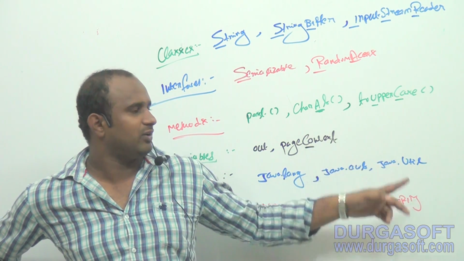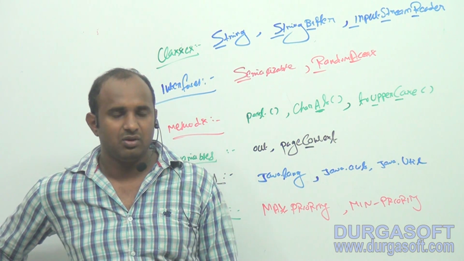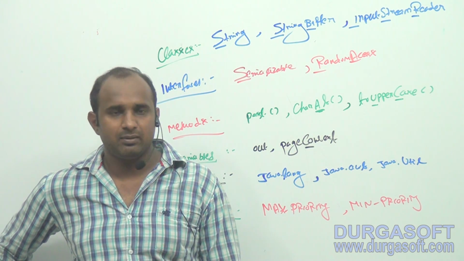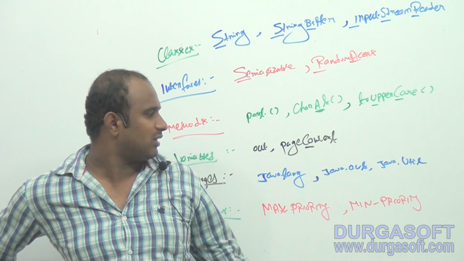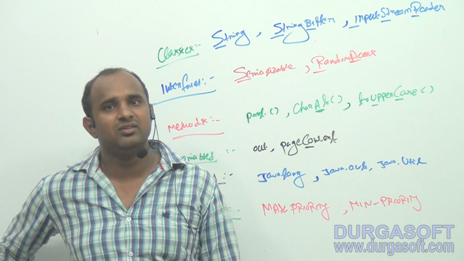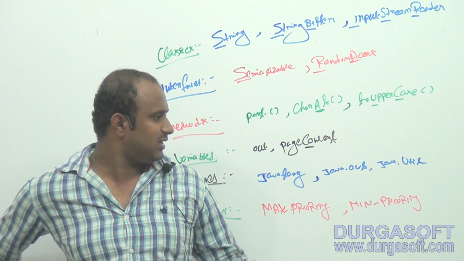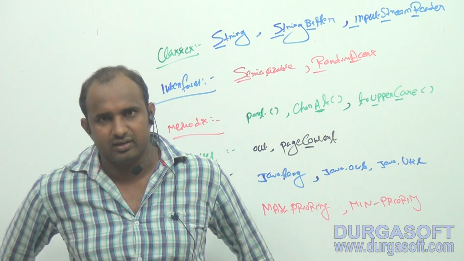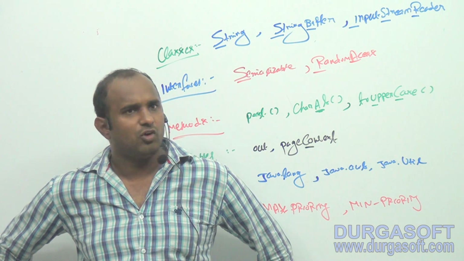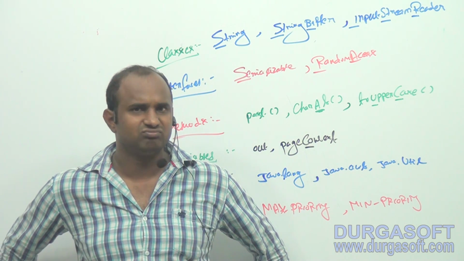This convention is also known as the mixed case convention. While declaring packages, the package name must be lowercase. For the last one, constants: every constant must be uppercase characters. I hope the coding conventions are clear.